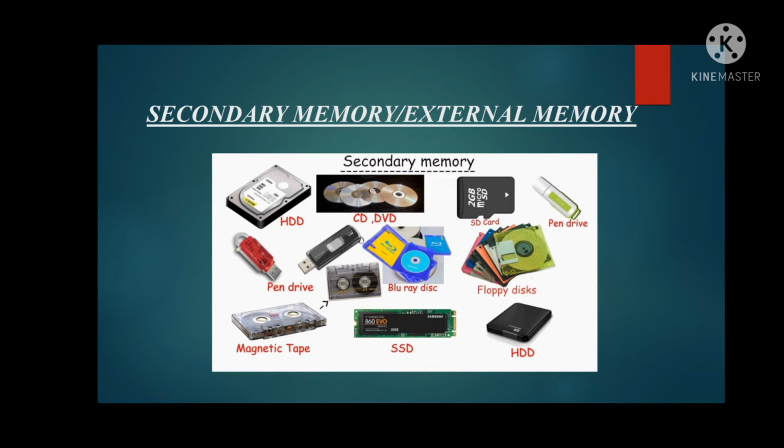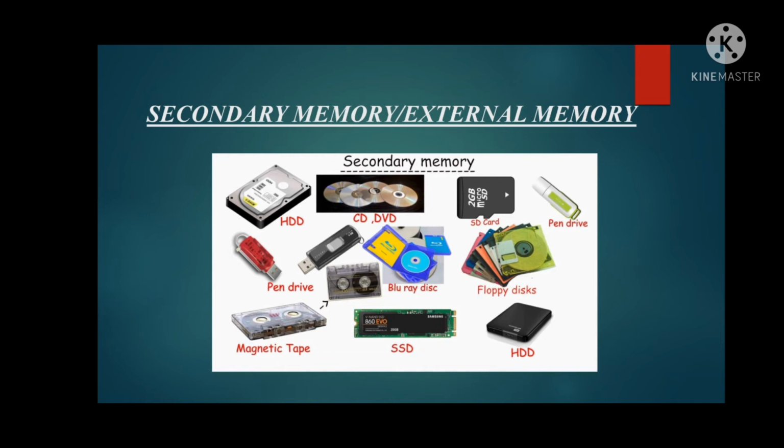Now let me tell you about these types in detail. I have given something called HDD. You can see the picture of it. HDD stands for hard disk drive, or you can call it hard disk, hard drive or fixed disk. This is an electromechanical data storage device that stores and retrieves digital data.